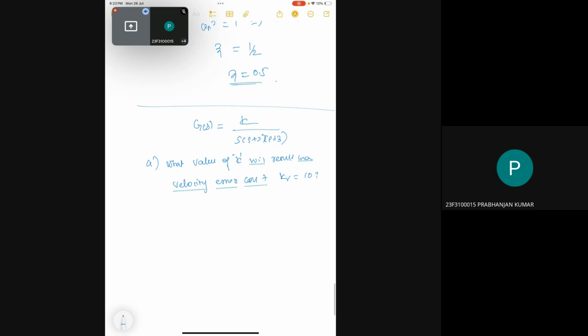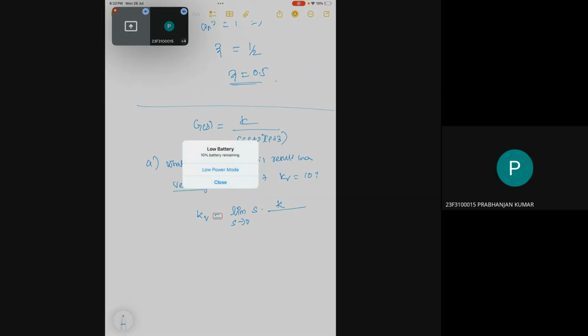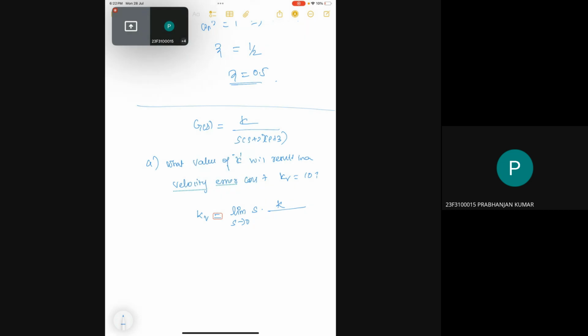They have given an open loop system with a gain K. We don't know the gain, but they are asking for what value of K the overall system's velocity error constant will be 10. We know this from the steady state error value we found. We can use the same formula here. Limit s tends to 0. Since it is a velocity error constant, we are going to find Kv, and the error will be 1 by Kv. That will be E of S.